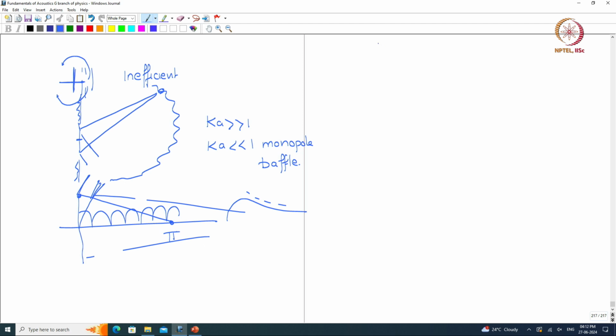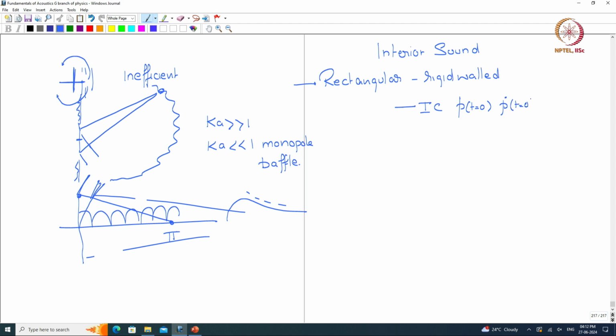After this we went to interior sound. And here we looked at a rectangular, rigid walled box, where we looked at response to initial conditions, P at t equal to 0 and P dot at t equal to 0.